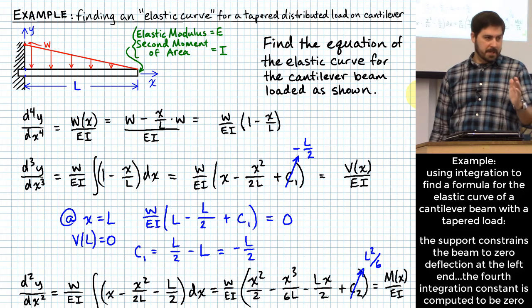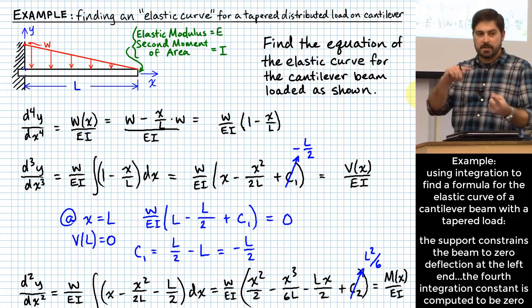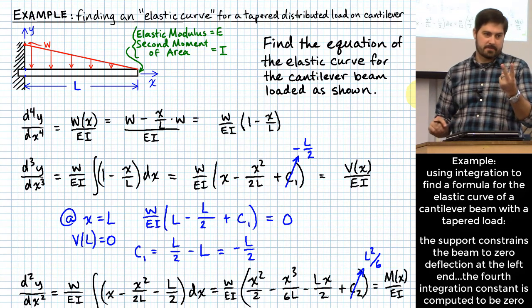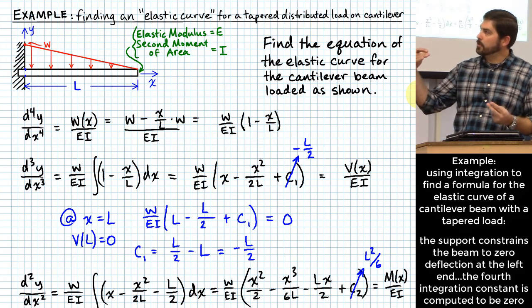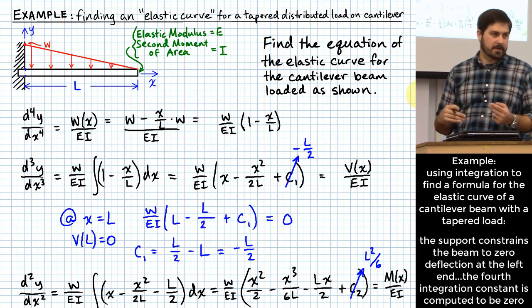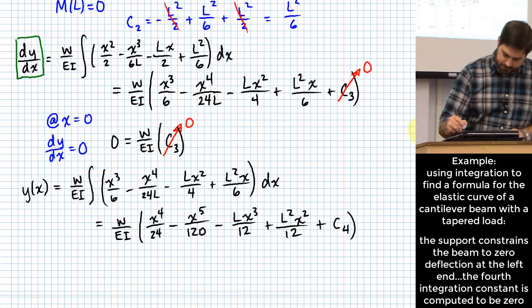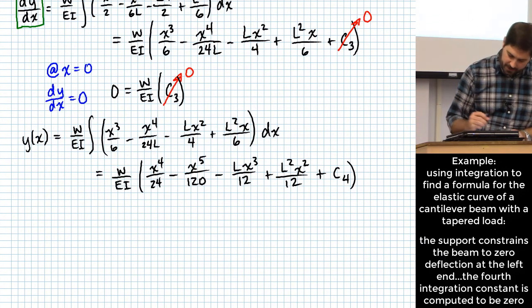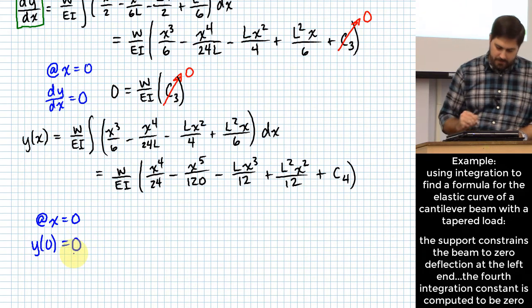At x equals 0, our beam is constrained against rotation and translation, which means our y value, right where the beam exits its support right there, has to be 0. Okay? So what I'll say down here is that at x equals 0, y of 0 is equal to 0.